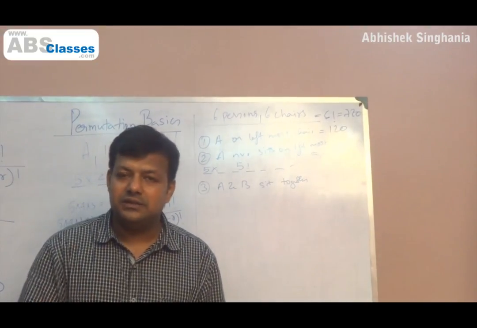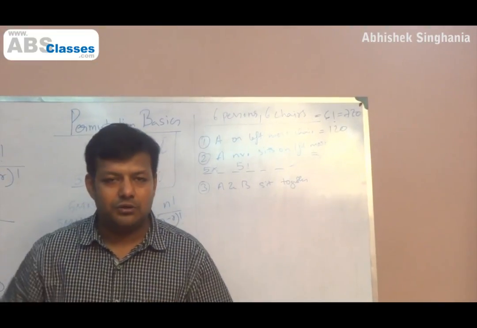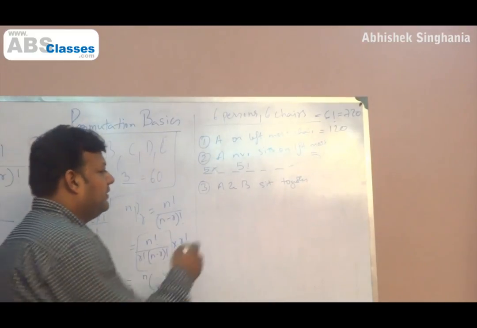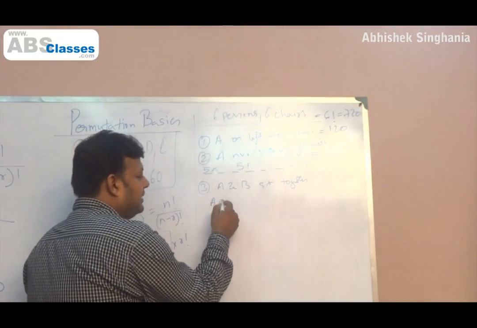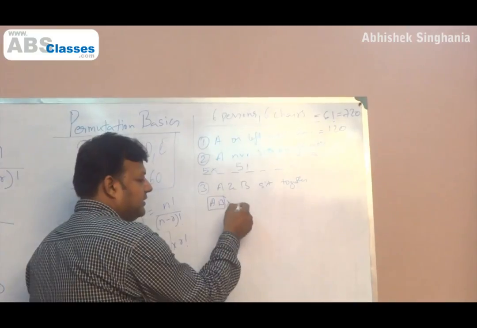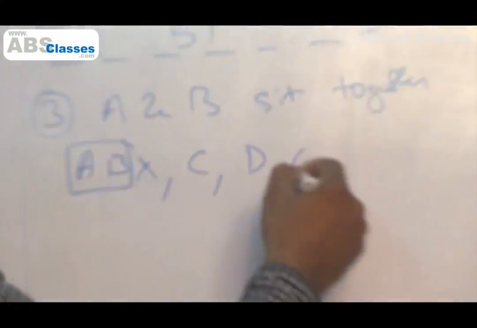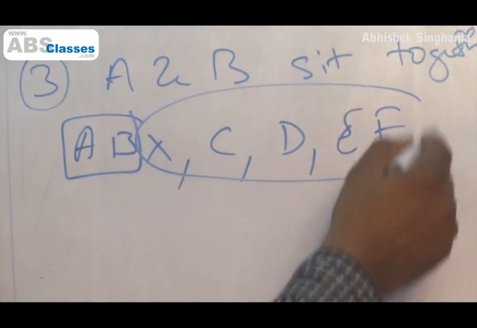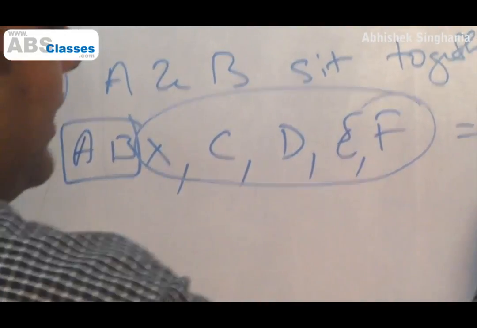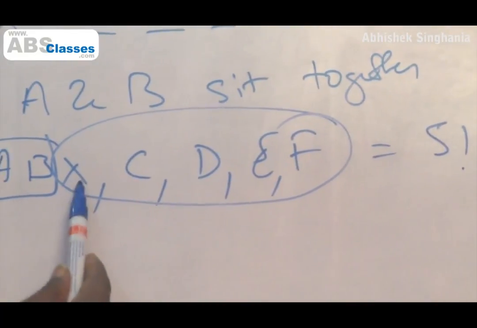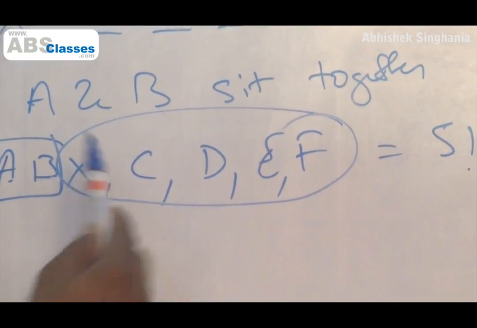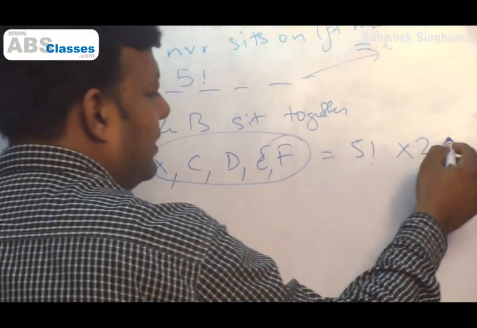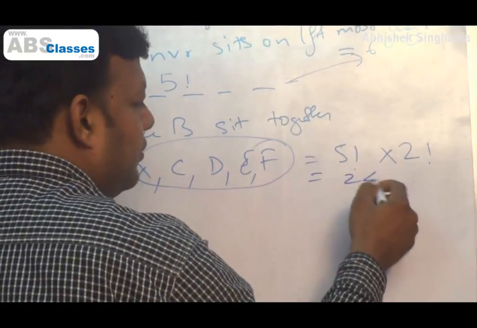And if they interchange their seats, the whole arrangement gets a new shape altogether. So when I take AB as one unit, say X, then there are others, C, D, E, F. In how many ways can I arrange this 5-unit set? 5 factorial. But for every arrangement, the internal arrangement of X, AB, can be done in 2 ways. So my answer will be 5 factorial into 2 factorial.